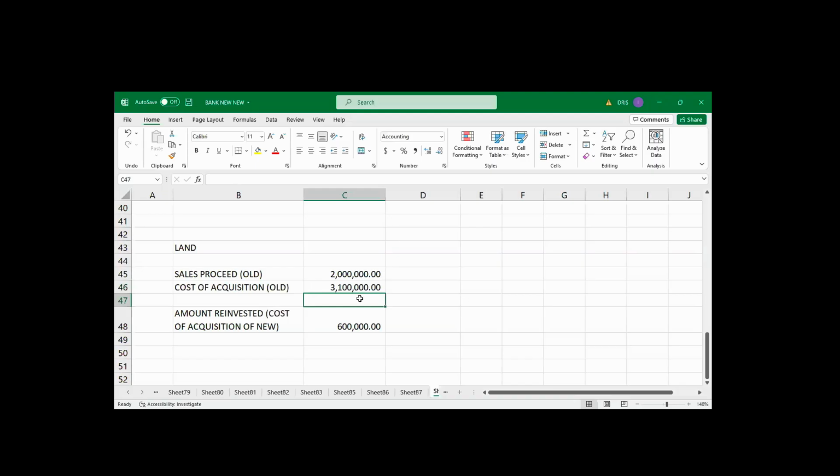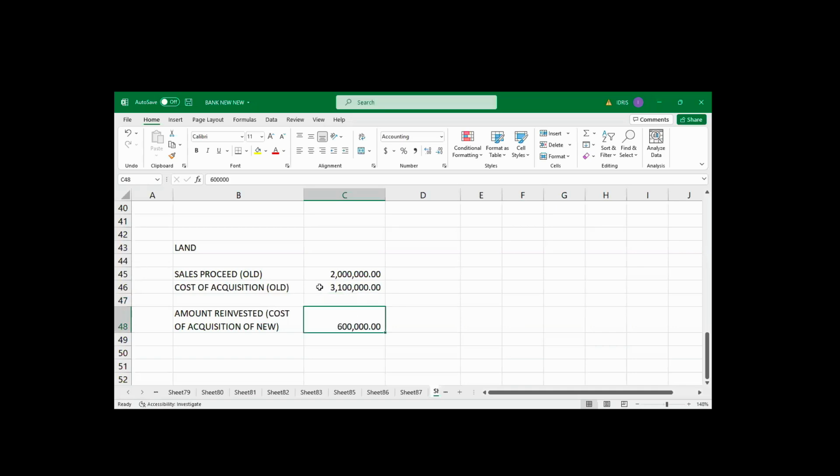What type of rollover is this? It's still nil rollover. Why is it nil? Because the cost of acquisition of the new assets is lower than both.